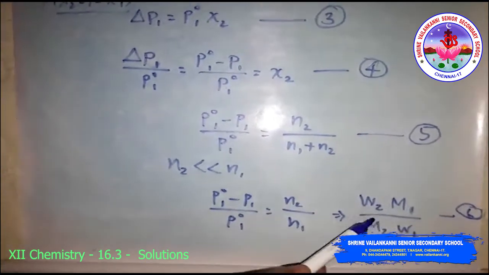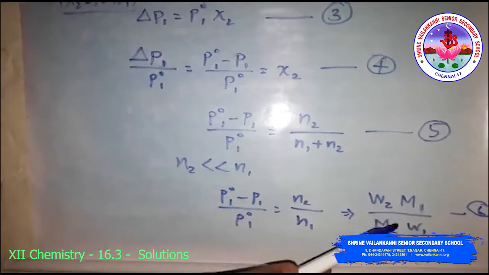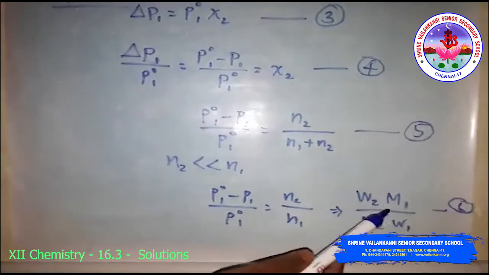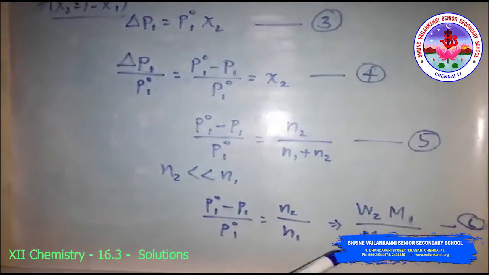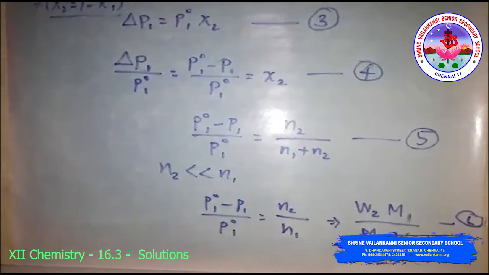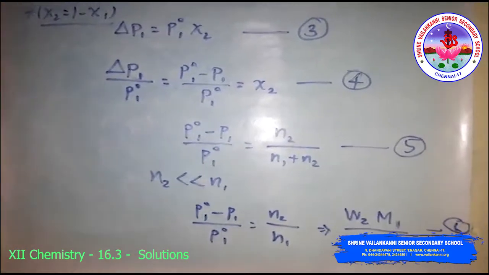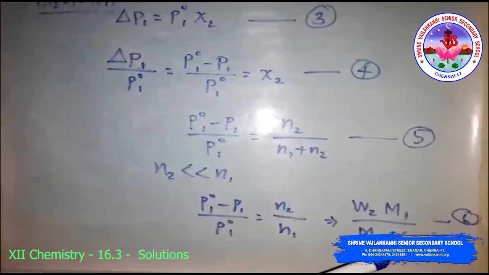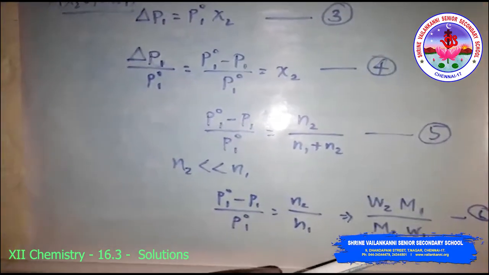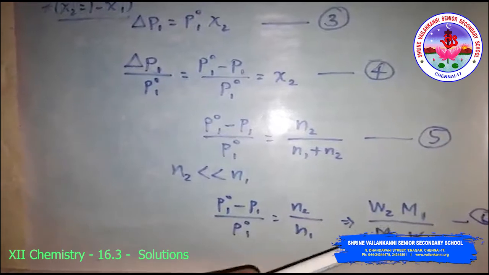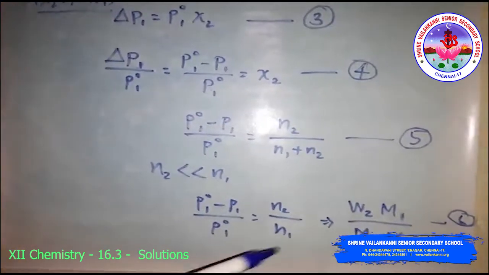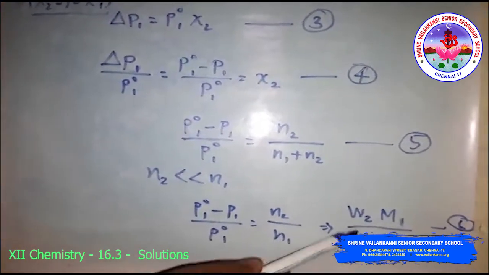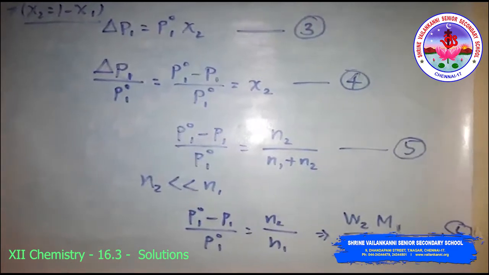Here W1 and W2 are the masses, and M1 and M2 are the molar masses of the solvent and solute respectively. From this equation, if all the other quantities are known, the molar mass of the solute, M2, can be calculated.